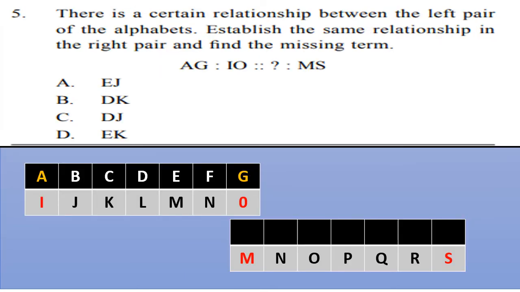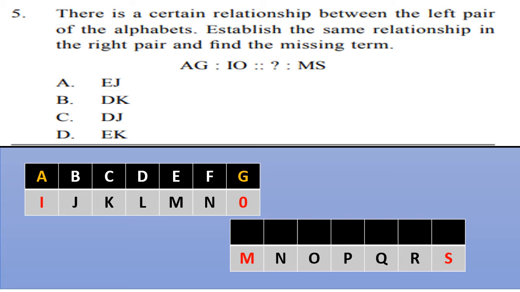There is a certain relationship between the left pair of the alphabets. Establish the same relationship in the right pair and find the missing term. So there is a certain relationship between the left pair of alphabets and you have to find the same relationship in the right pair. That is where you have to find the question mark. Now see the tables below.